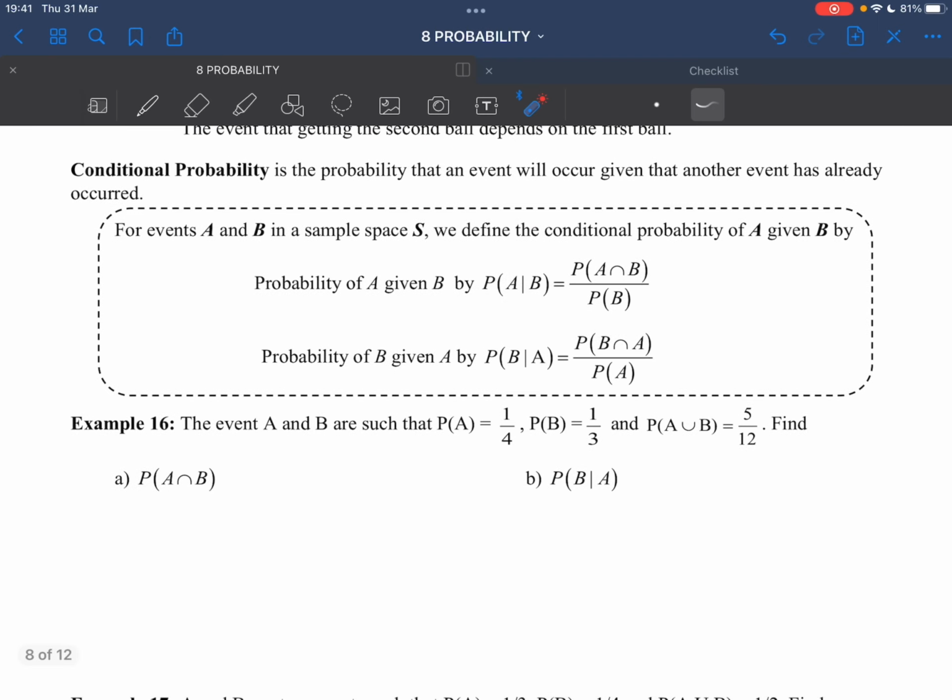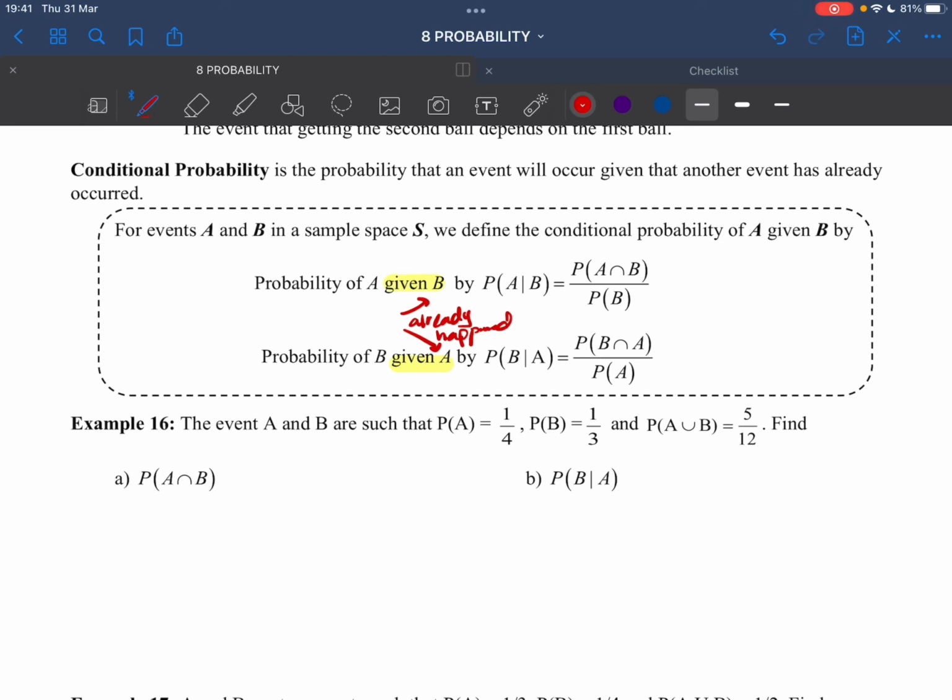Let's just go straight to the formula. How are we going to find a conditional probability? Here we have the probability of A given B. If you have given B or given A, these are the events that have already occurred. After the word given, that means that event already occurred.